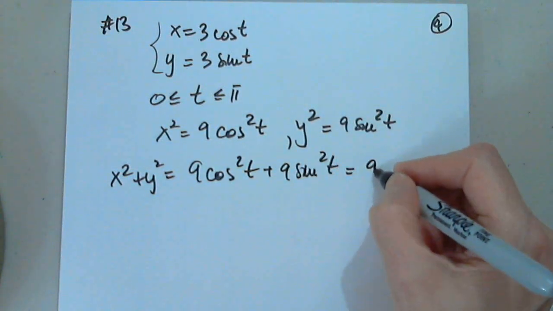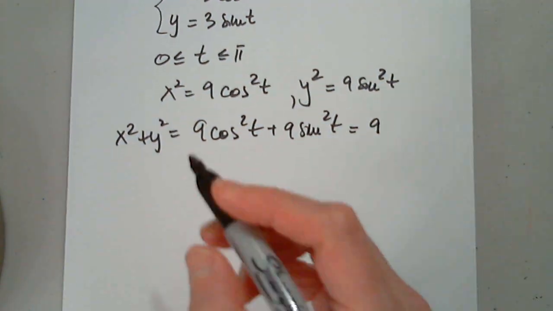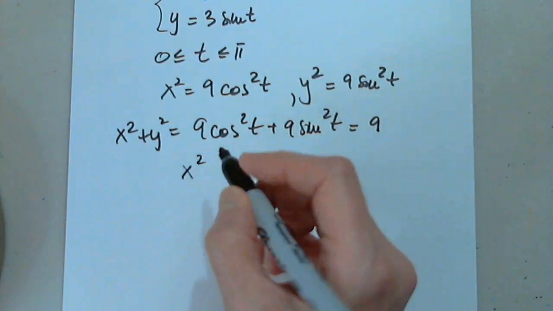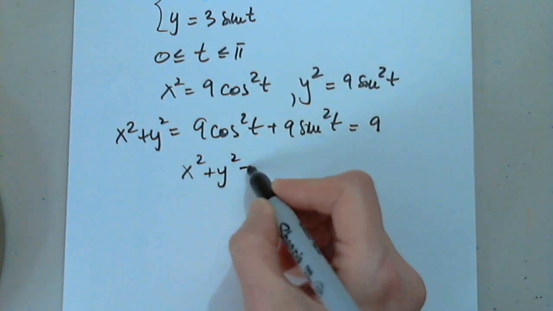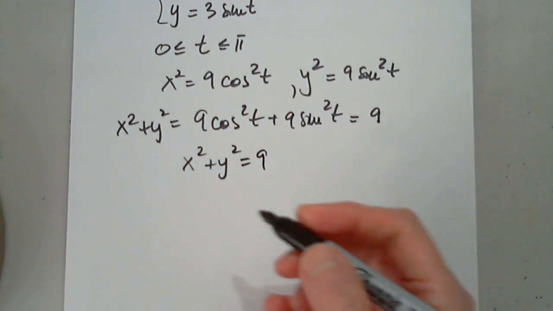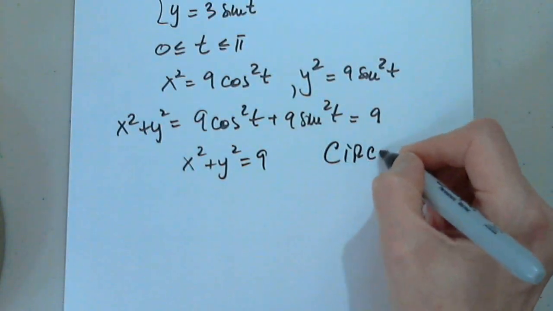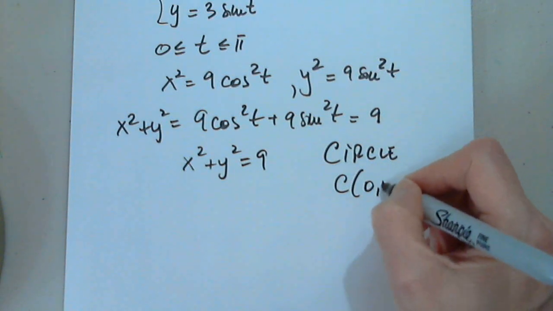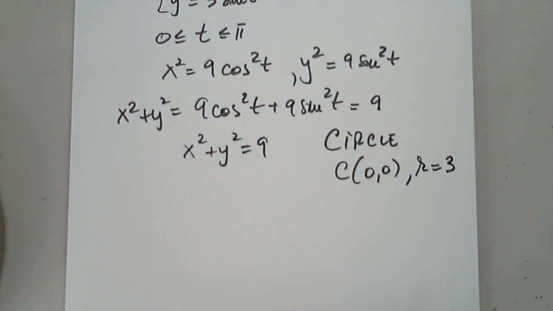But I know that this is 9 times cosine squared plus sine squared, which is 1. So the Cartesian equation for these parametric equations is x squared plus y squared equals 9, which we know from algebra is a circle with a center at (0, 0) and a radius of 3.